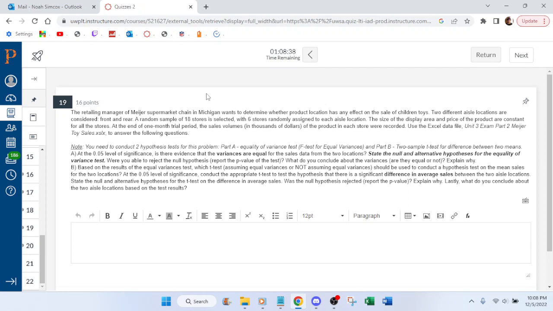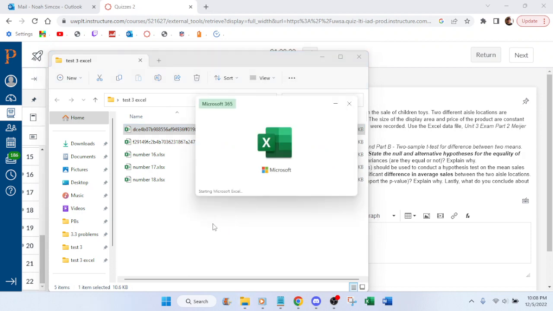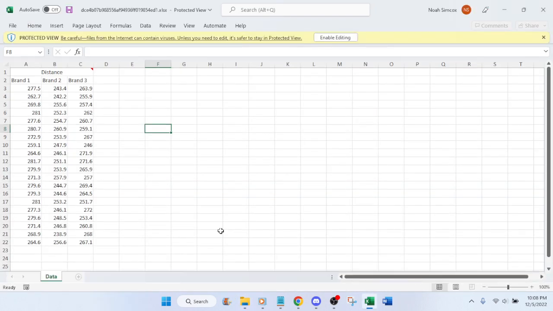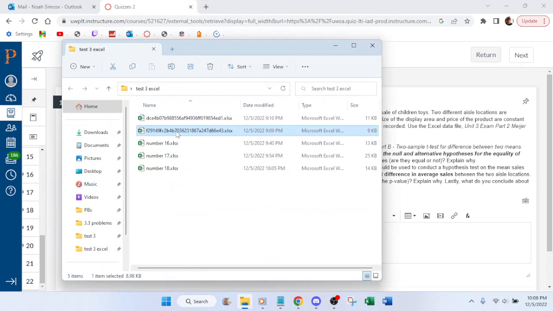Well, I'm so glad they gave me the answer to how to do the question. So the front and rear Excel sheet is going to be the relevant one. So it's going to be this one, which is number 19.